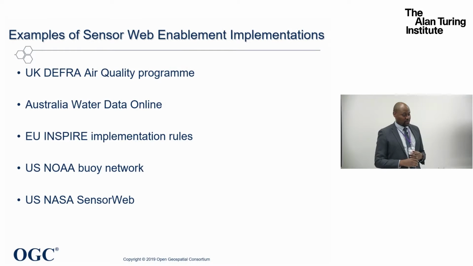And then in the US, there's the National Oceanic and Atmospheric Administration, or NOAA, which publishes data from its buoy network from across the US coastline. It publishes data using OGC Sensor Web Enablement standards. And then finally, NASA has a Sensor Web program which uses OGC standards.